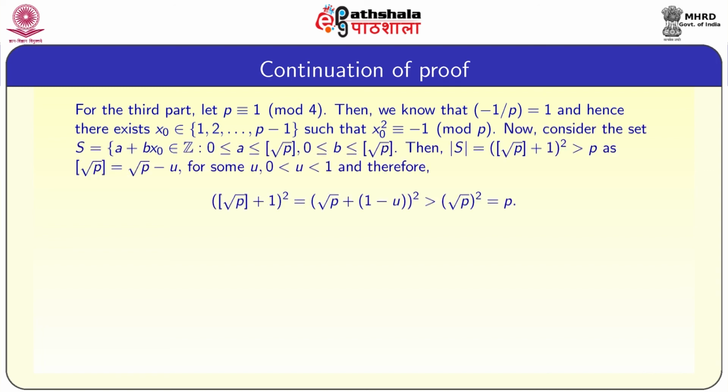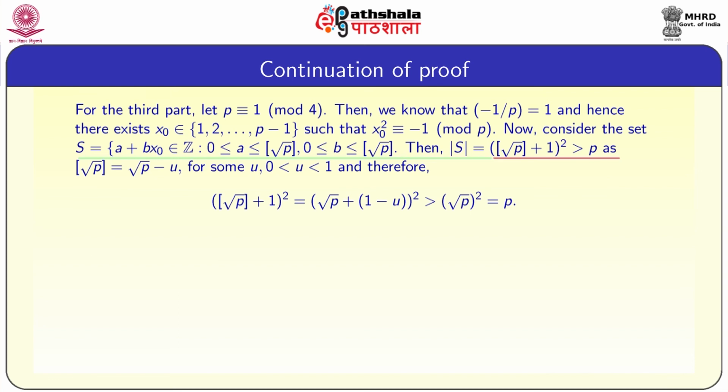So, now we consider the set S equal to a plus b x naught, where a lies between 0 and the greatest integer value of root p, and b lies between 0 and the greatest integer value of root p.